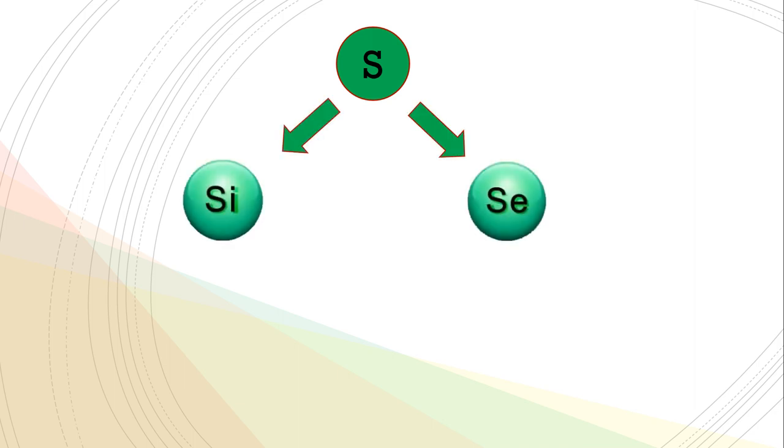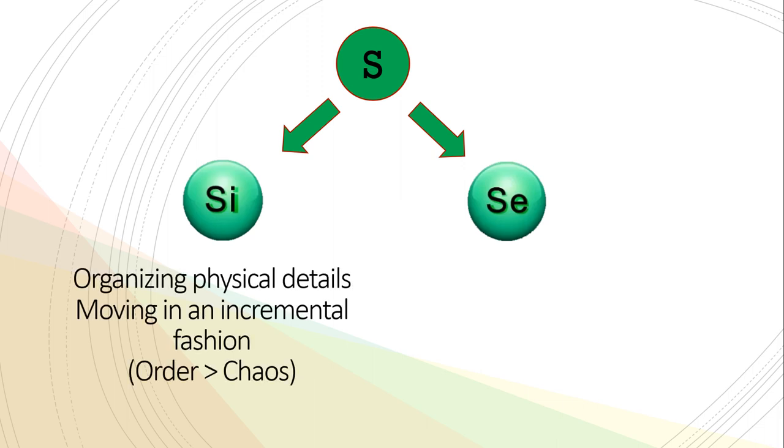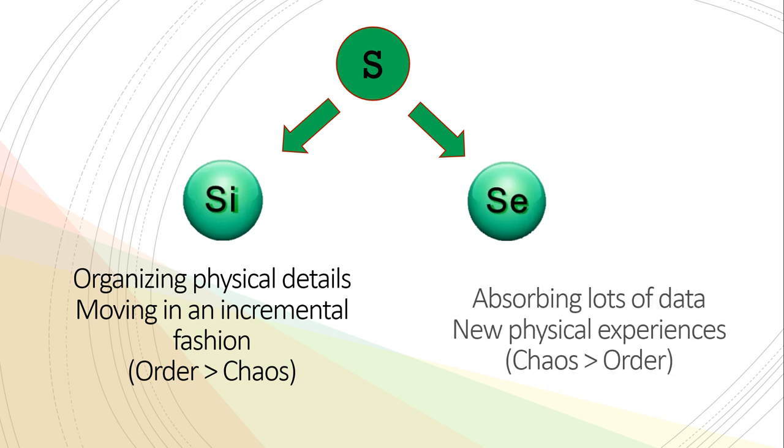And so now we have to separate it between SI and SE. So SI has to do with introverted sensing, which is organizing physical reality, moving in incremental fashion. This is someone who is more comfortable with order over chaos versus someone who is SE, which is really someone who wants to absorb a lot of new data, new experiences, and is more comfortable with chaos over order.